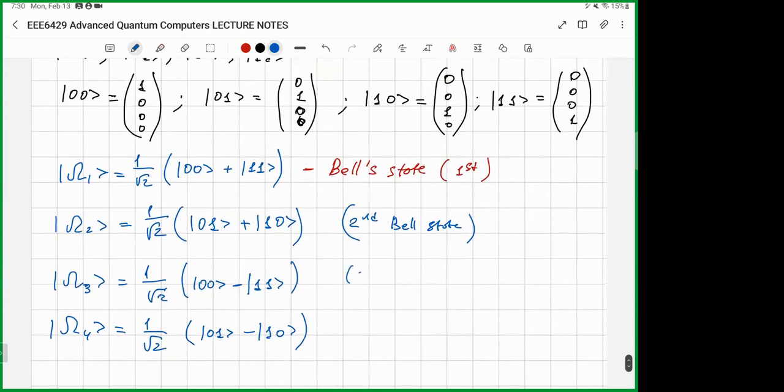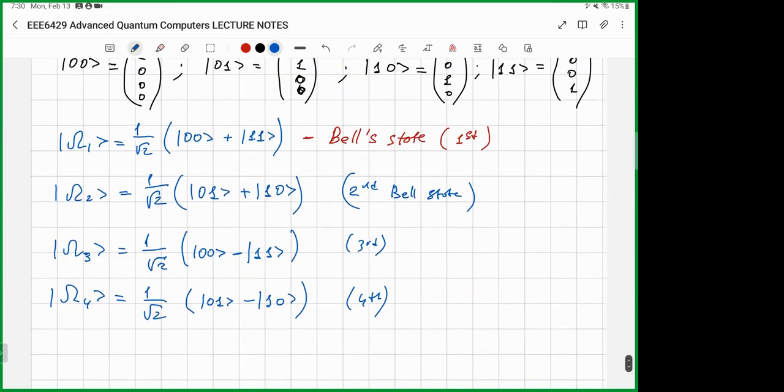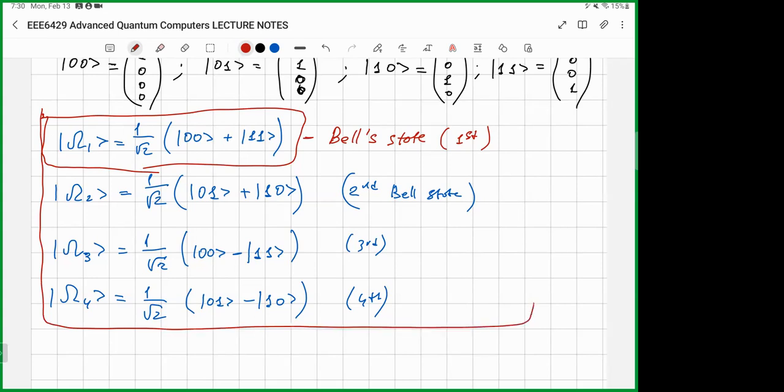This is the third, and this is the fourth Bell state. I guess the most important one is the first one, but in general all of them are very well known as Bell states.